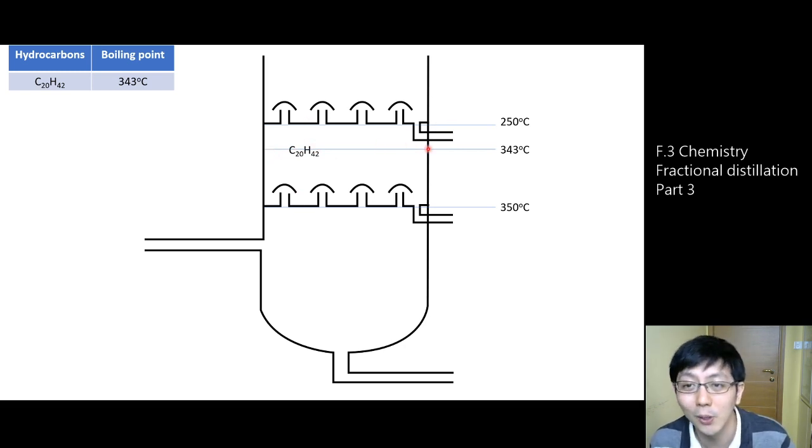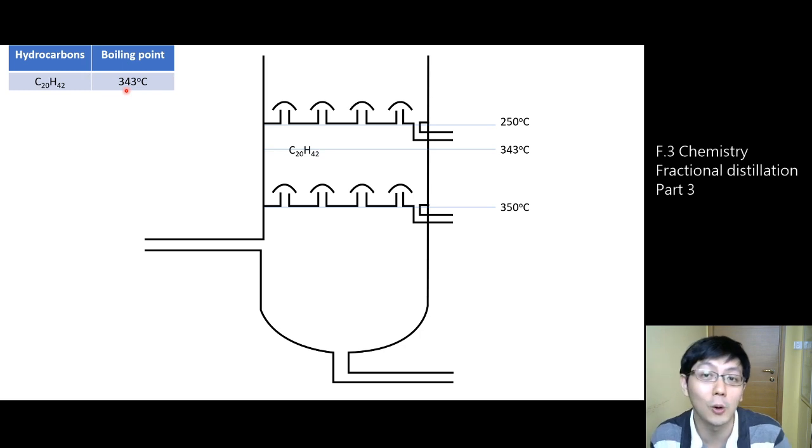Now, of course, I know that it's not to scale，應該唔會畫到咁高，不過方便講解，我特登畫呢條線喺度。There must be some position in between these layers having a temperature between 250 and 350 degrees Celsius。一定某個位置呢兩個溫度中間，我當343度。So when this hydrocarbon reaches this position, it reaches its boiling point.